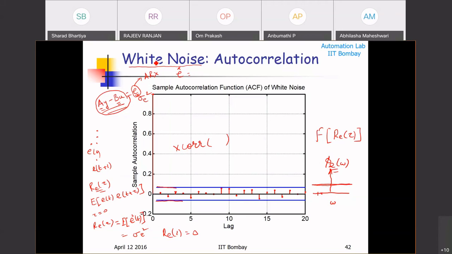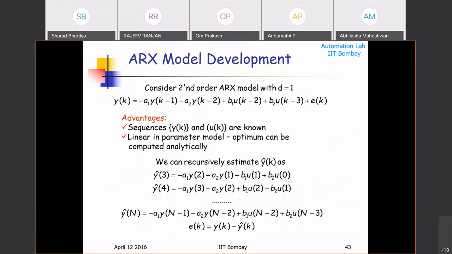That is why we call it white noise, in analogy with white light. I've not given a very well laid out development, but I hope you get some idea as to where these time series models are coming from.